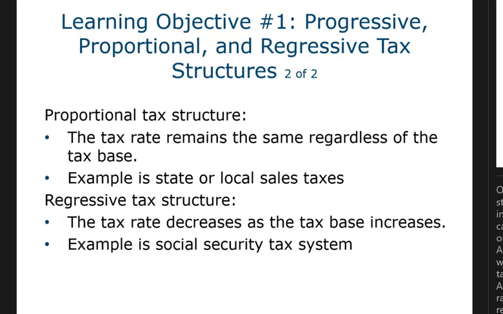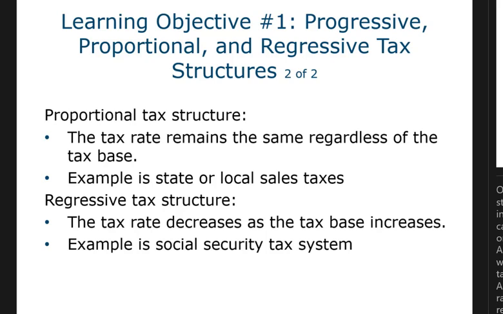Social Security is thought of as a tax, but it's also a retirement plan, if you will, and your benefits are based on certain amounts of income. That regressive tax structure is pretty rare, actually.